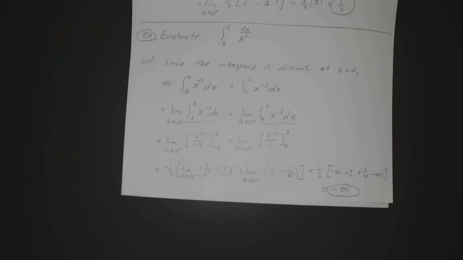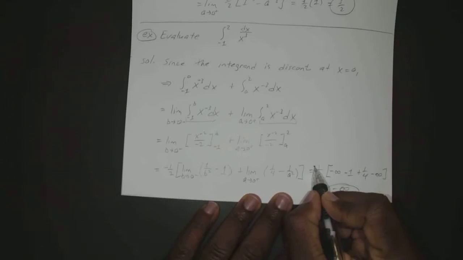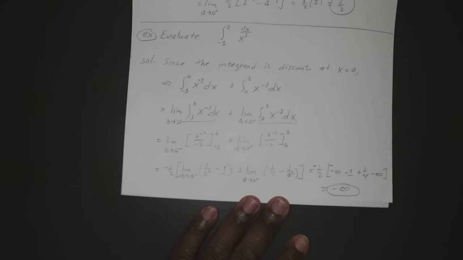Okay. Yes. At the bottom, you have a negative 1/2 times the whole limit thing, and then after the equal sign, you forgot the negative, I think. Oh, okay. Wouldn't that make it positive infinity? Not really.